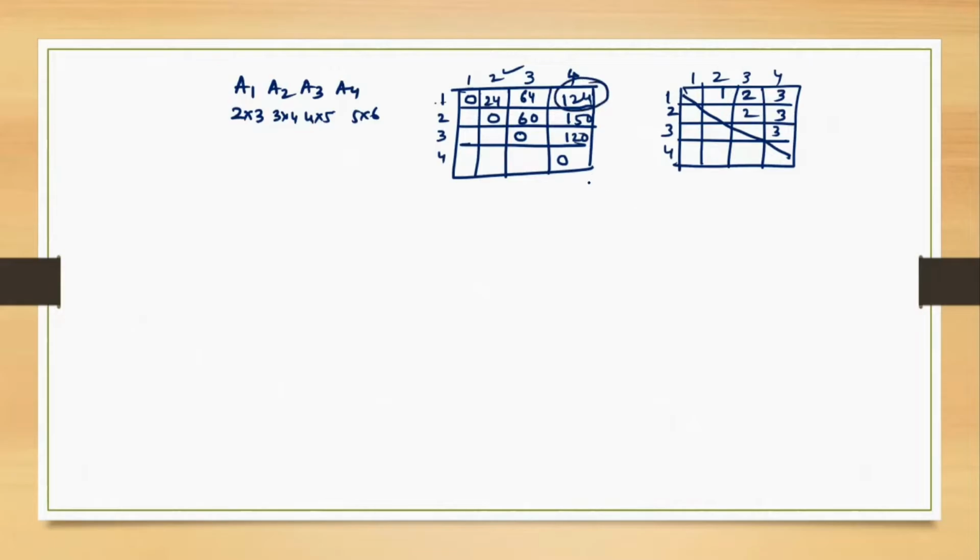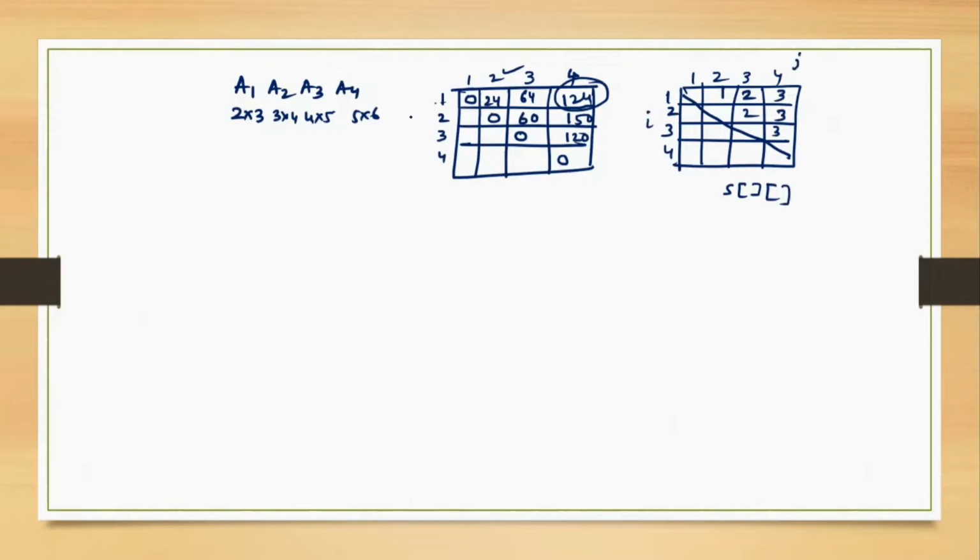Then the question is, sir, how do you parenthesize them? This is a very vital, very important part of it. So actually, we have to call the S table where the optimal k value is stored, and here it is I, here it is j.